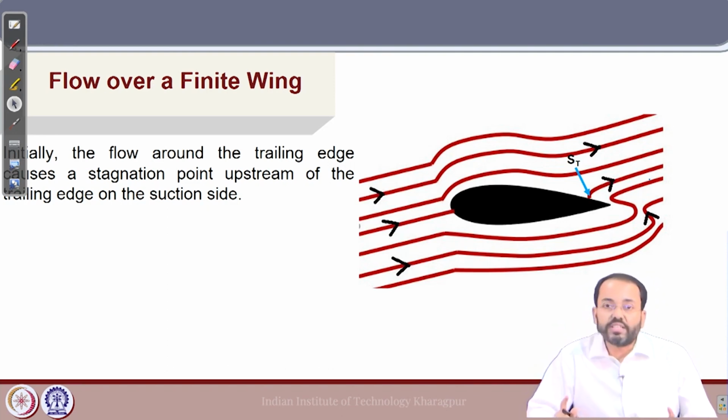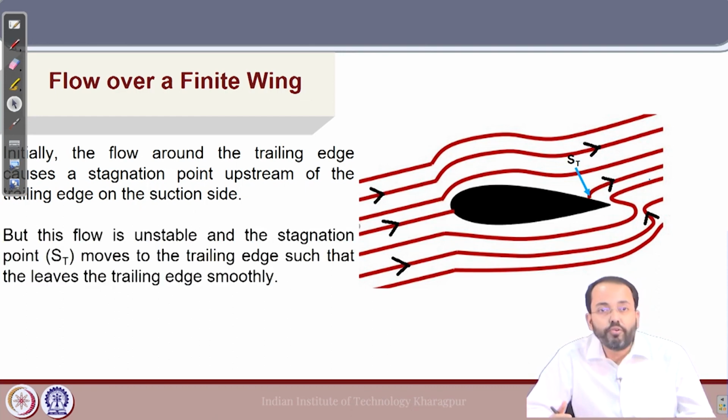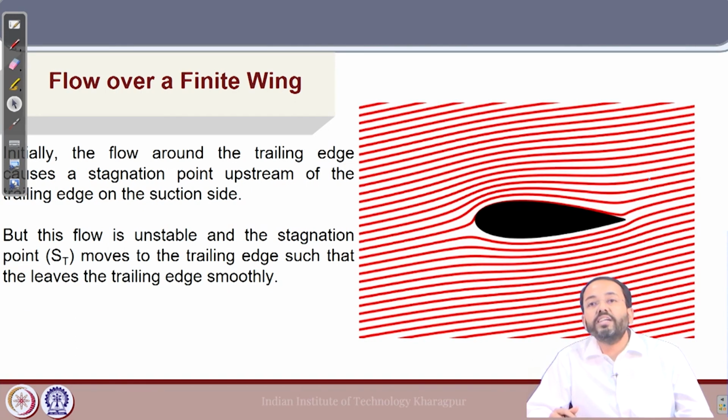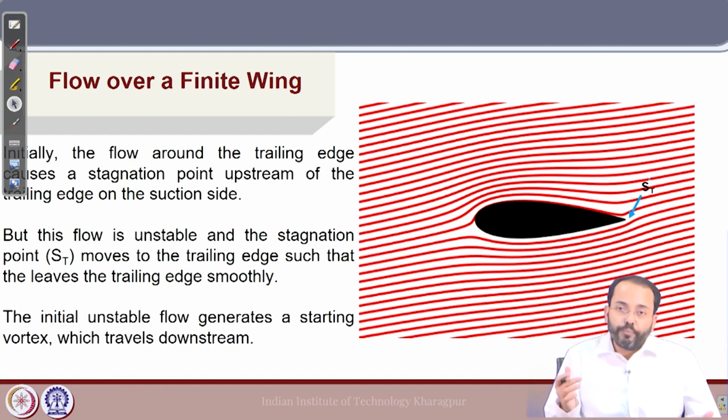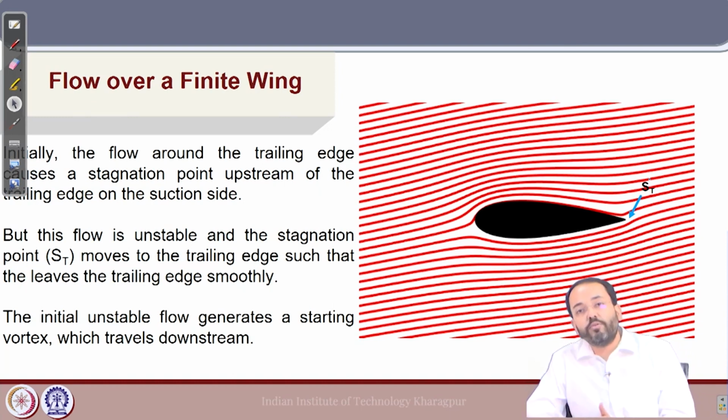But this is not stable. Gradually, as the flow becomes stable, the stagnation point shifts from that location to a location on the trailing edge. This initial unstable flow which later becomes stable generates a starting vortex in the system, which travels downstream.